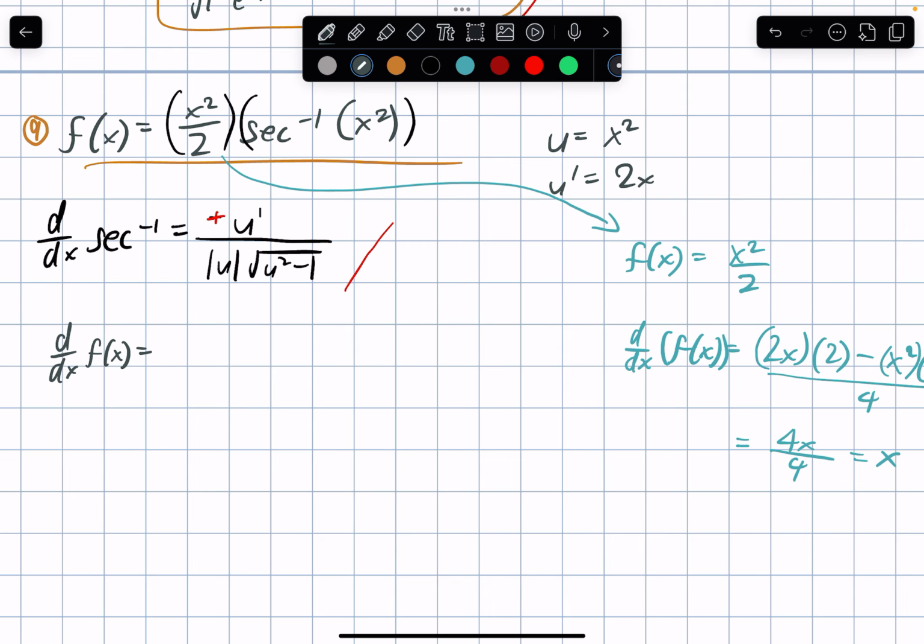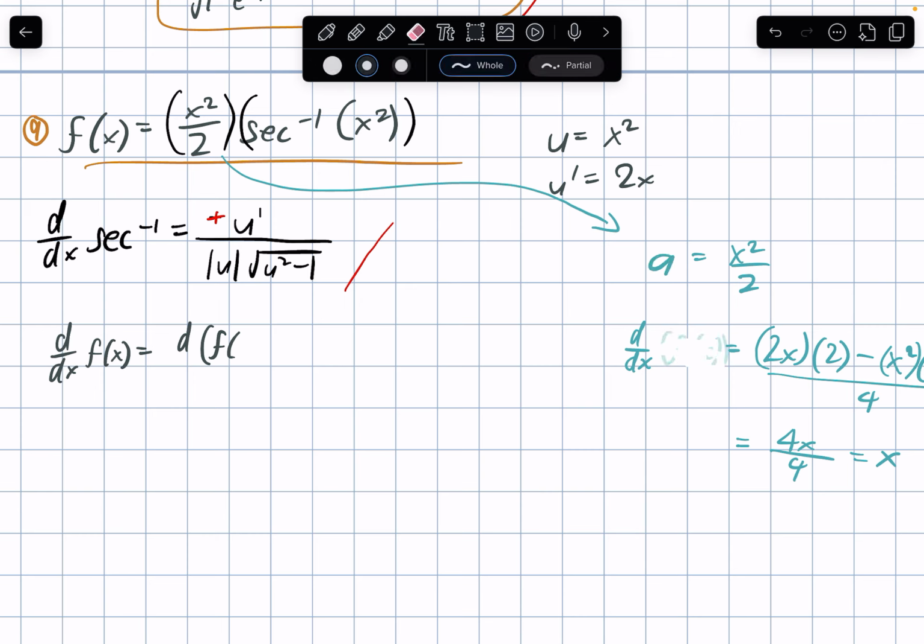Derivative of, we can't say f of x. Let's just say a. Derivative of a. And then let's say this one is b.